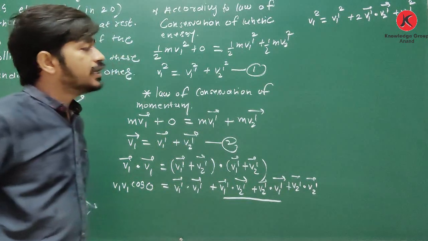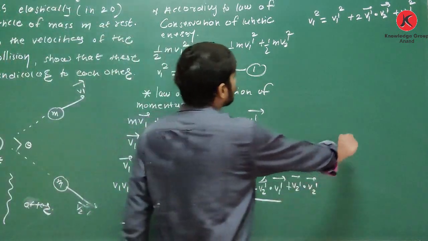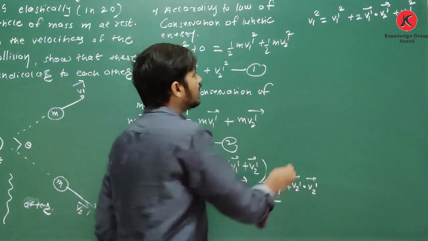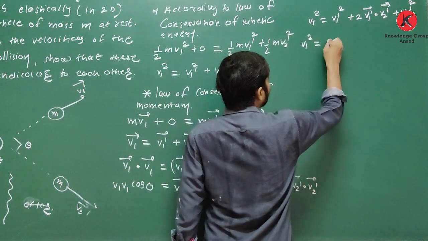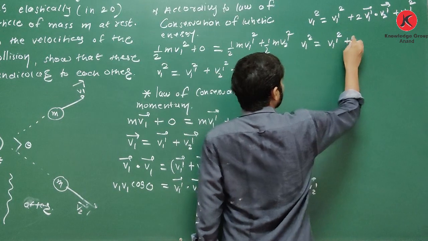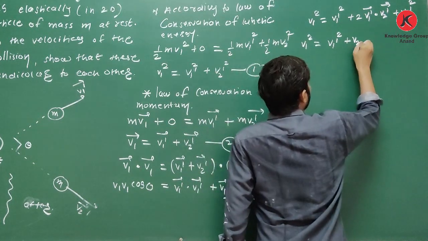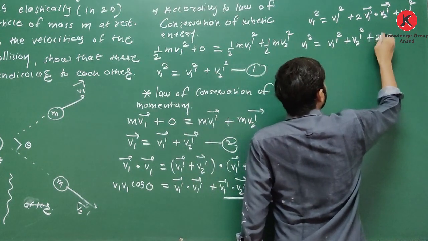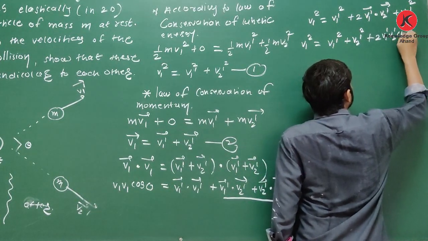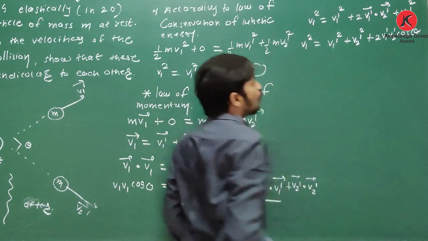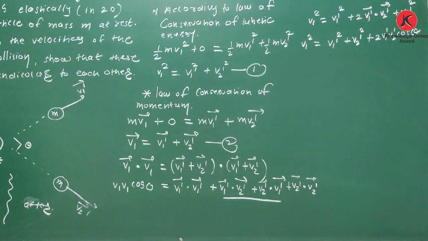Now how to write? See here carefully. I can write this term as V1 square is equal to V1 dash square plus V2 dash square plus 2 V1 dash V2 dash cos theta. What is the angle between V1 dash and V2 dash?